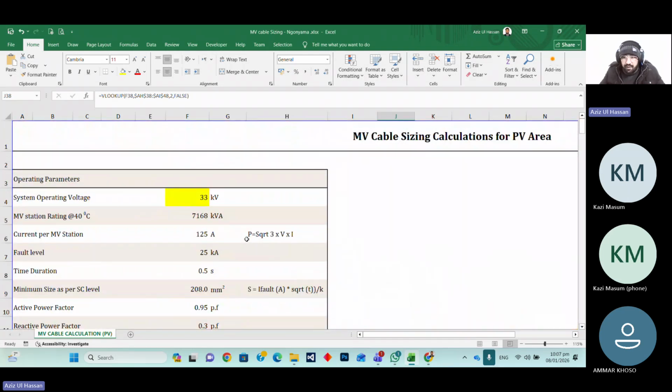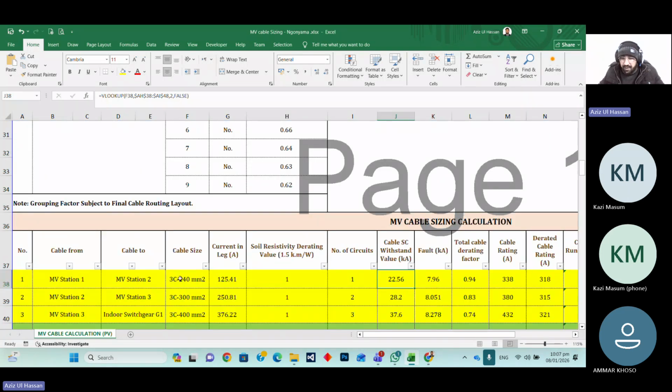They basically withstand the short circuit current for some seconds. Like for 22 kV, if you have selected the 240 cable, they have 22.56 kA for 1 second. They have the capability to bear that current for 1 second, and then fault kA.